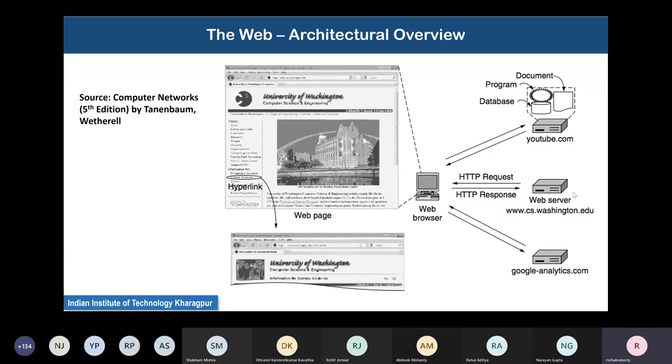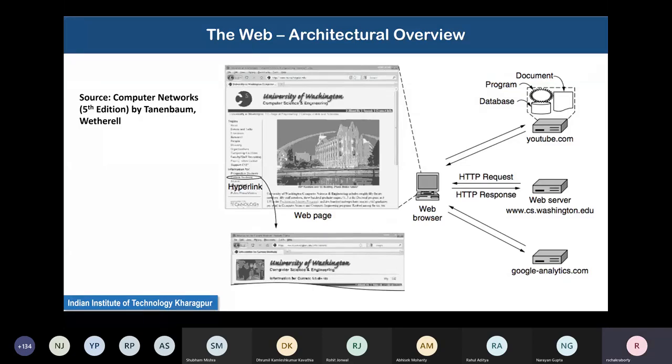So you make the request and then the web server sends you the response, which is basically the HTML code. You request the web page and the web server sends you back the HTML code corresponding to this web page. Your browser parses that code and on the fly renders this web page for you on the screen.